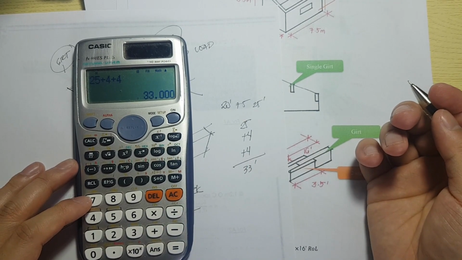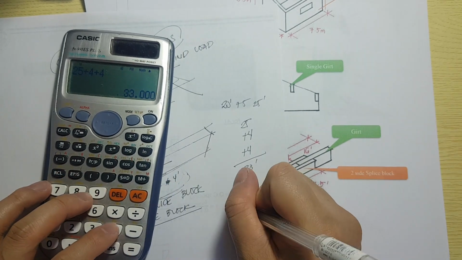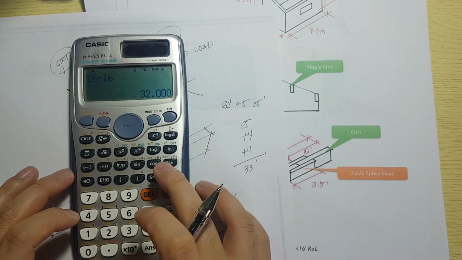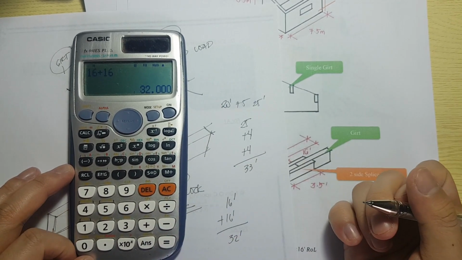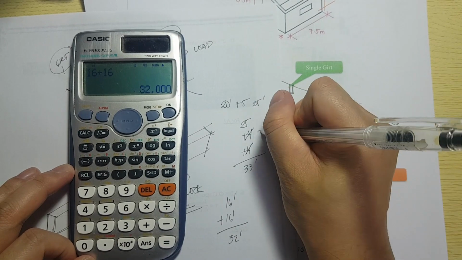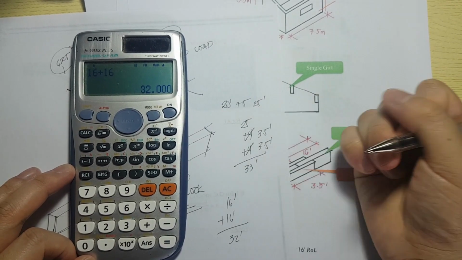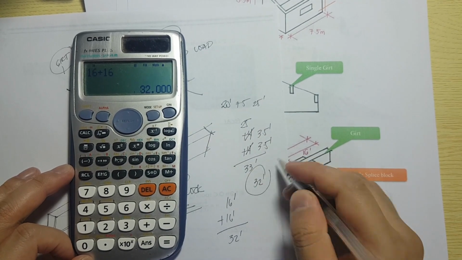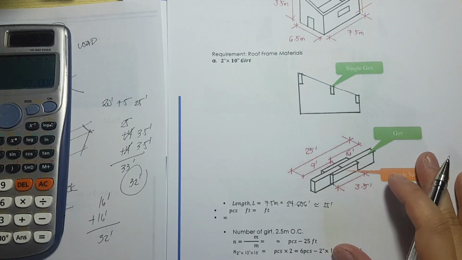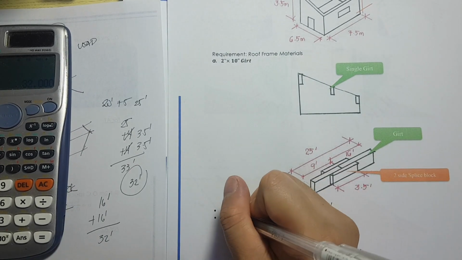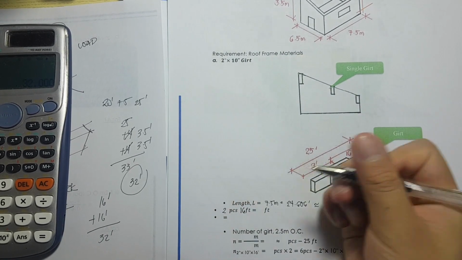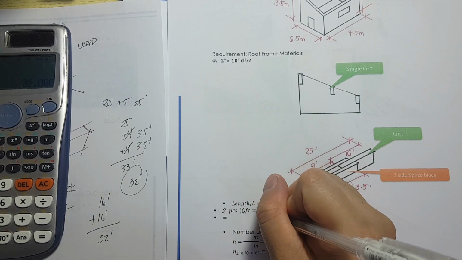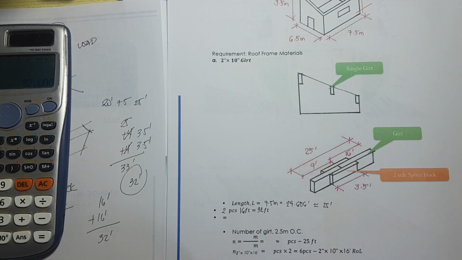Isn't it that we have 16 feet plus 16 feet? So 16 plus 16 is 32 feet. So instead of using 4 feet here, why not use 3.5 feet? And that is equivalent to 32 feet. So I am going to use two pieces of 16 feet, and two pieces of 16 feet is equivalent to 32 feet here.